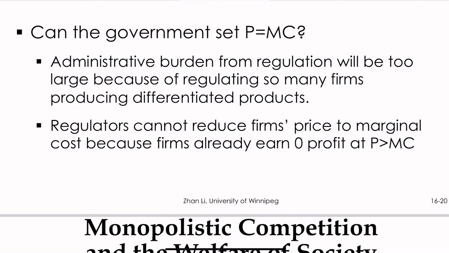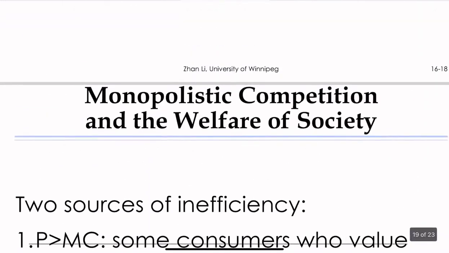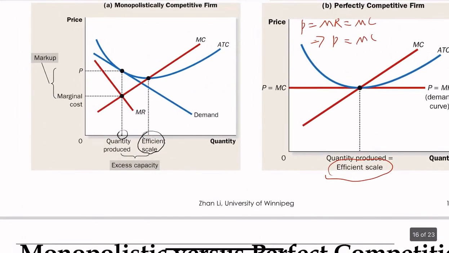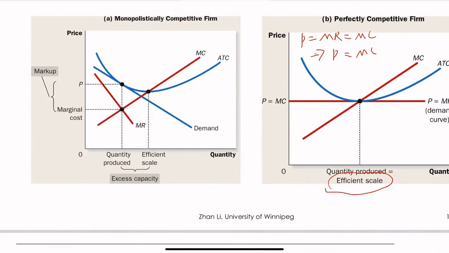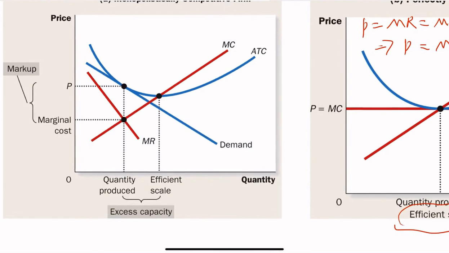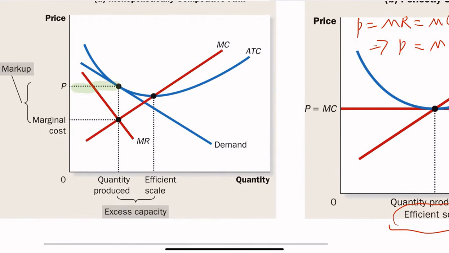This will actually hurt consumers in the long run. You can see this from the picture here. If we look at this long-run equilibrium, price is at this level. Then the government says, in order to get the efficient level of production, we should make sure price equals marginal cost, which implies now we're looking at this price. But you can see that this price is below this average total cost.